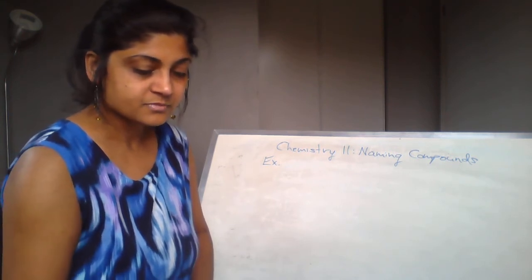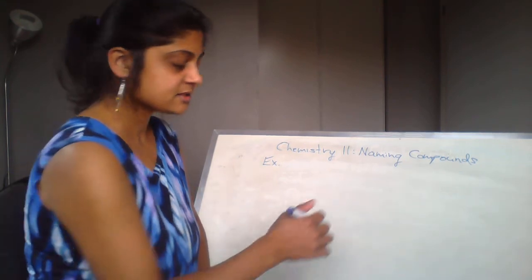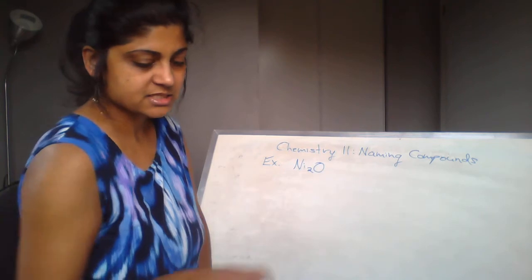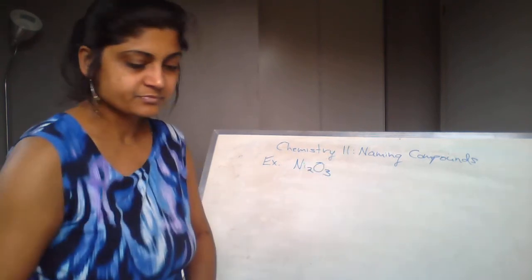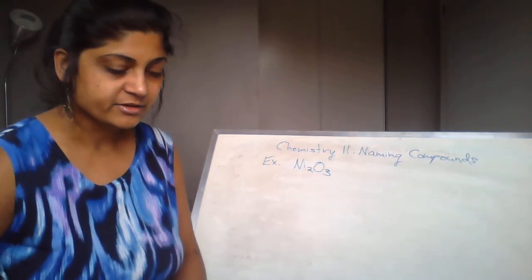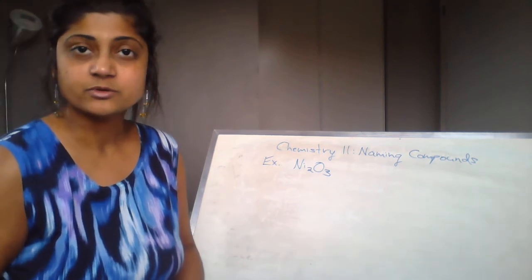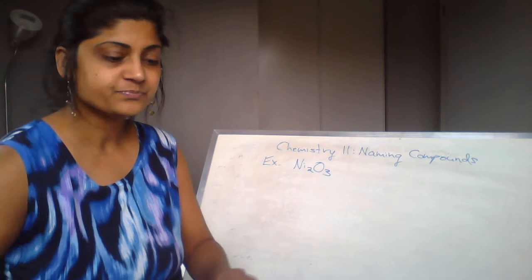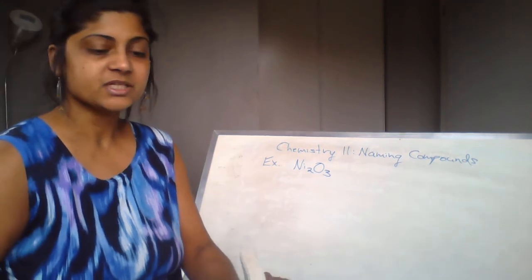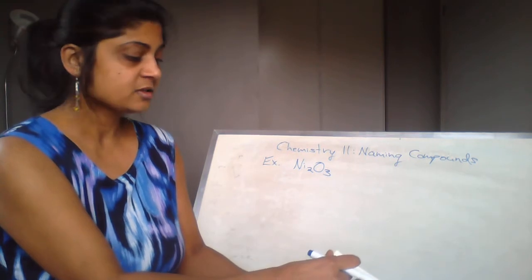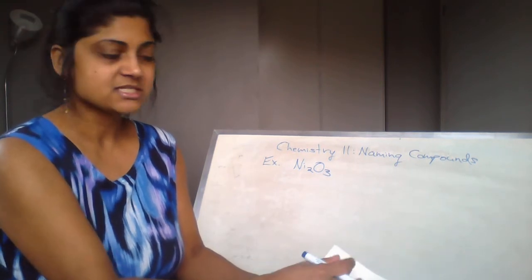Let me write the formula on the board. So say it's Ni2O3. This is a binary ionic compound. If you do check nickel in the periodic table, you'll notice that it has two charges here. In this case, if you're looking at what the charge is for nickel, it's coming from the opposite side.